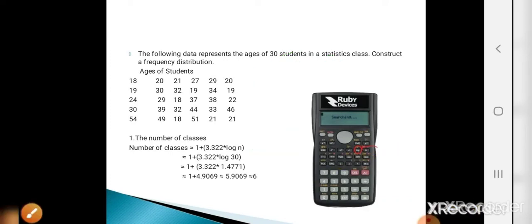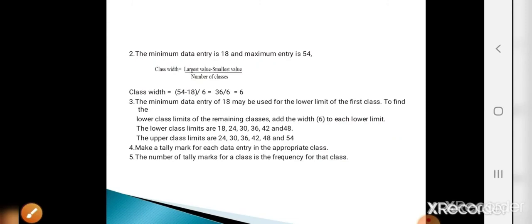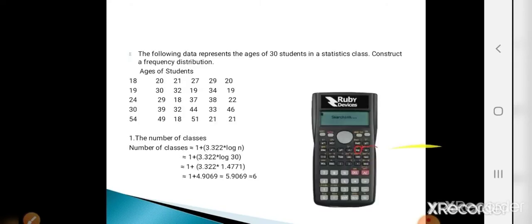Now the second step is to calculate the class width. Okay, how to calculate class width? What is the formula for calculating class width? Largest value minus smallest value divided by number of classes. In the given example, the largest value is 54 and the smallest value is 18.